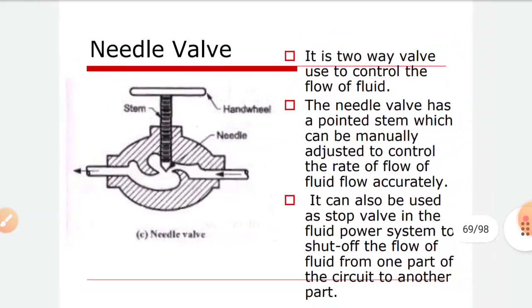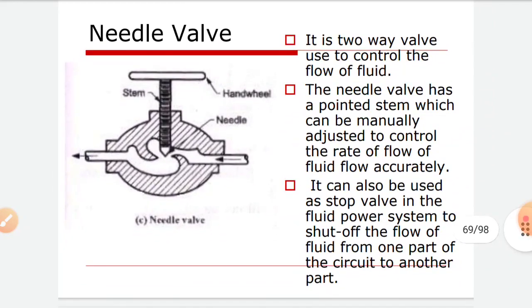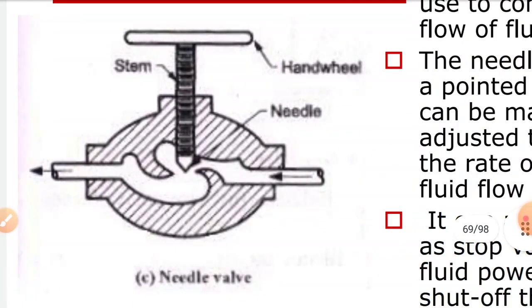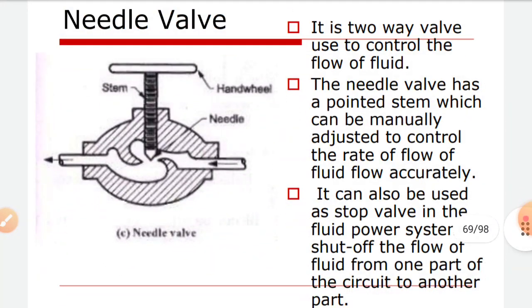Next type of valve is a needle valve. All of you see, this is the construction of a needle valve. The figure shows a needle, handle, wheel and stem. Needle valve is a two-way valve used to control the flow of fluid. The needle valve has a pointed stem which can be manually adjusted to control the rate of fluid flow accurately.